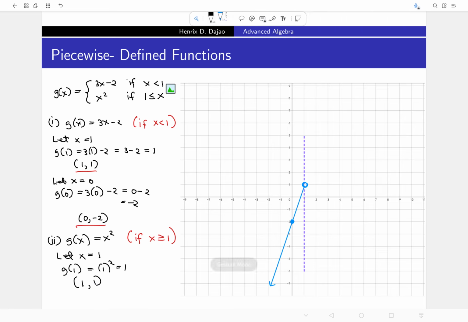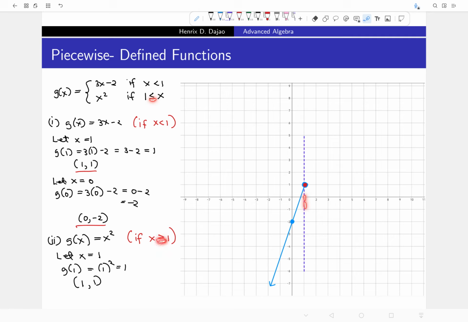So 1, 1 is here. This one right here, we will use the solid point now, because 1 is included in our domain.